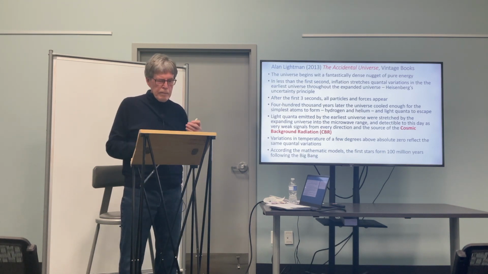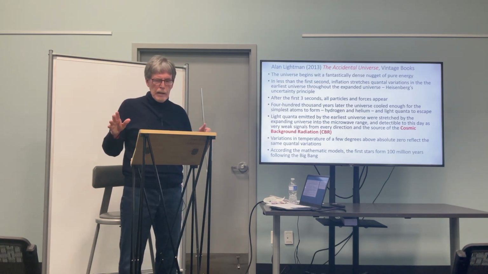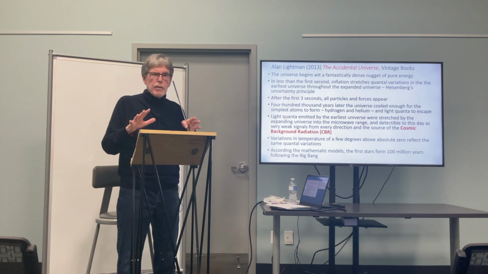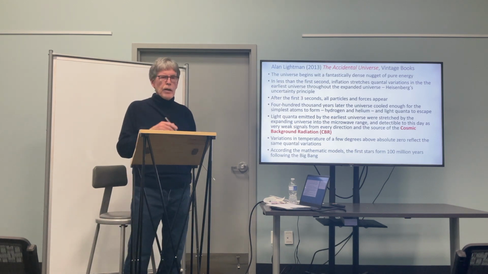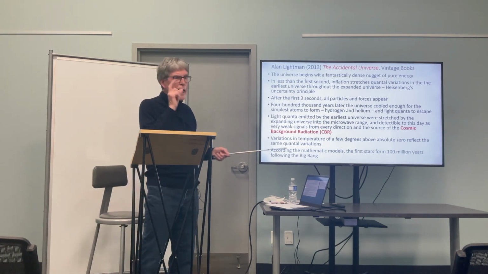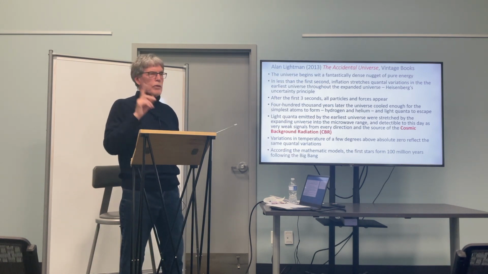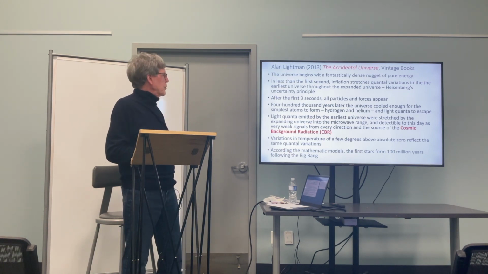cosmic dawn. 400,000 years later, the universe had cooled enough for the simplest atoms to form, and for the light quanta to be seen or picked up as the cosmic background radiation, the most important experimental evidence for the Big Bang.